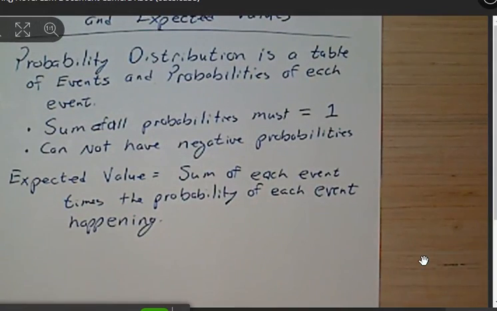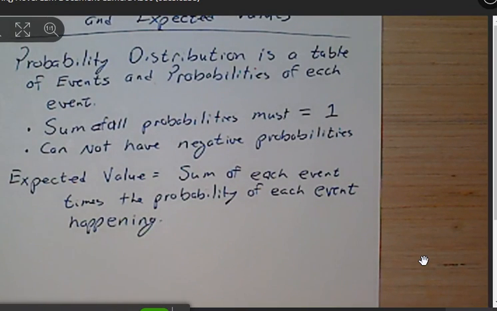Okay, so a probability distribution is just a table of events and the probabilities that go with each of those events. The sum of all the probabilities put back together has to equal 1. You cannot have negative probabilities. And the expected value is basically what they're going to ask for if you spin a spinner or roll a dice or whatever, and these are your events: what are you probably going to get?